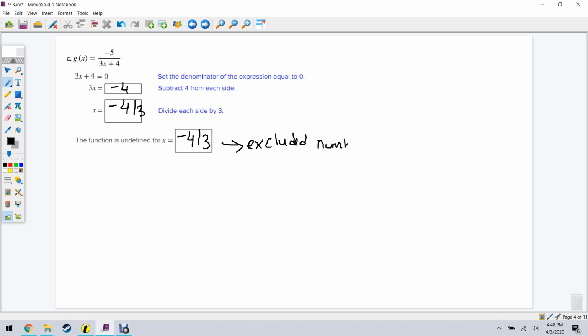This is the excluded number from the domain. All other numbers are fine. Negative infinity to positive infinity, all of them are cool. Okay. Alright, so this is example 1.